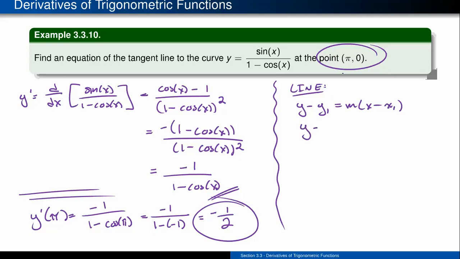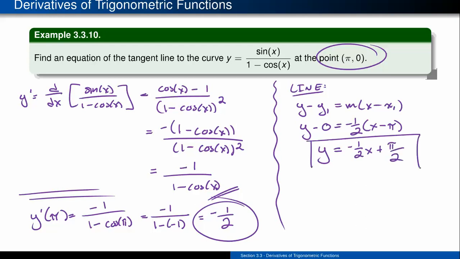Ultimately, I have y minus y1, which is 0, equals negative 1/2 because that's my slope, times x minus a negative pi in this case. You can see I don't actually have to bring anything over for the y. I already have y equals. I'm just going to distribute that negative 1/2, giving me a negative 1/2 x, and then there's a positive pi over 2. In this case, my line has a slope of negative 1/2, and it actually has a y-intercept of pi over 2.